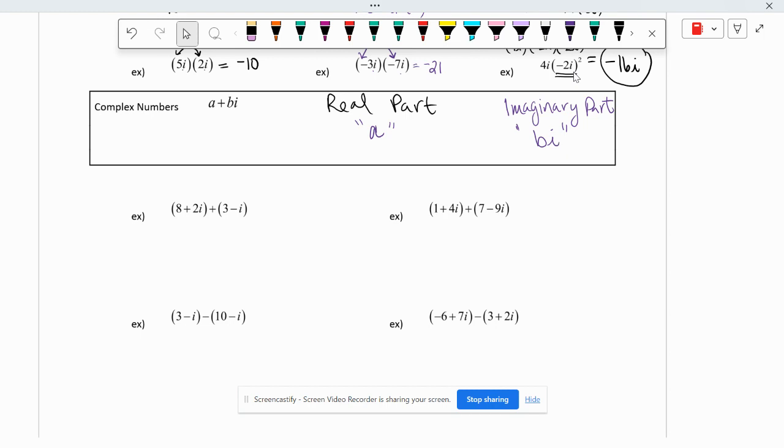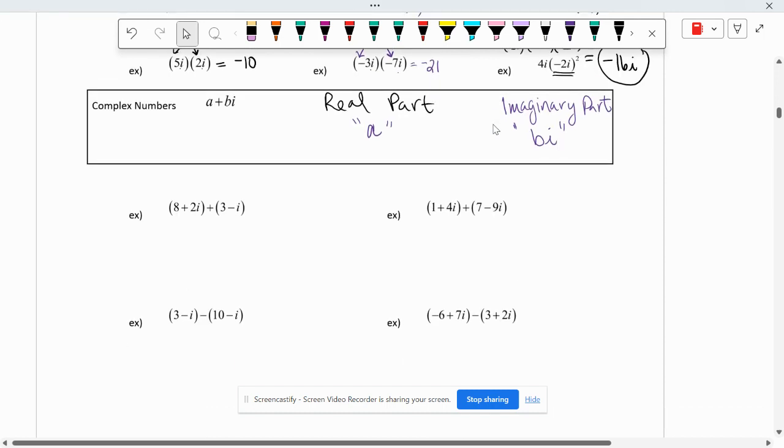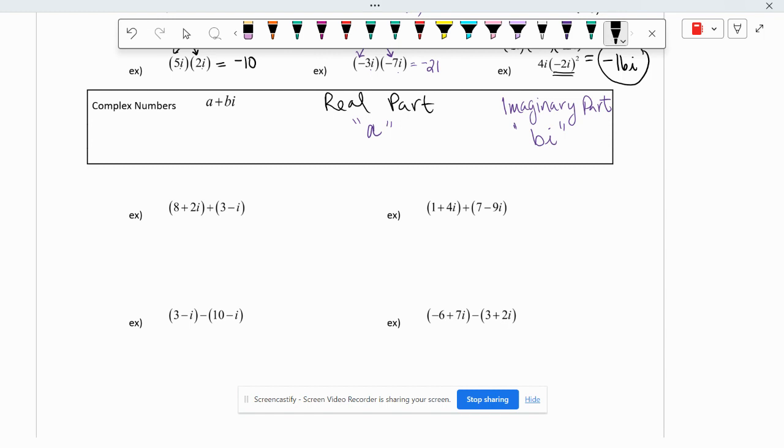Okay. So you have a real part and an imaginary part. When you think about combining like terms, because this first example is an example of combining like terms, I have to combine real parts with real parts, imaginary parts with imaginary parts. So this is joined by addition. I really am taking 8, which is real, plus 3.